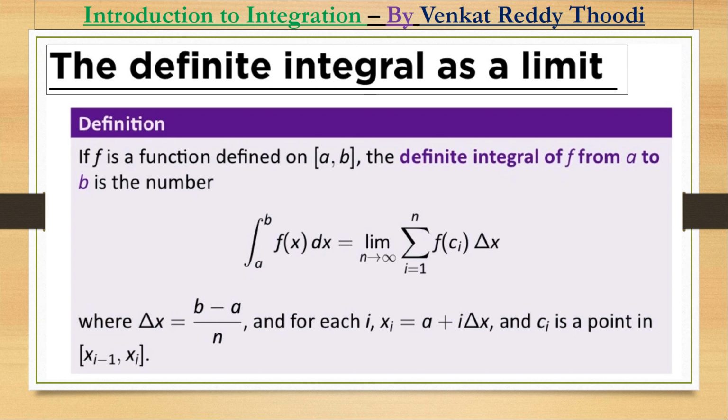As n increases, the number of parts increases, and the space automatically decreases. So delta x equals b minus a by n, and for each i, xi equals a plus i delta x, and ci is a point in the interval xi minus 1 comma xi.